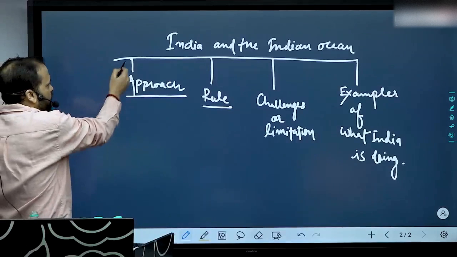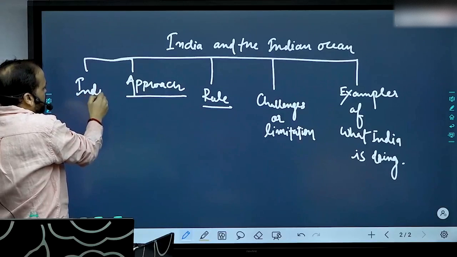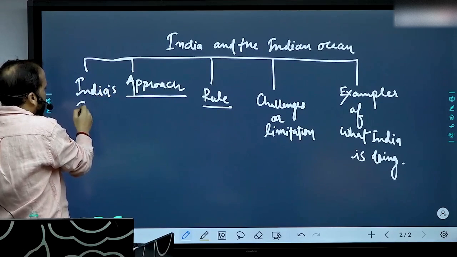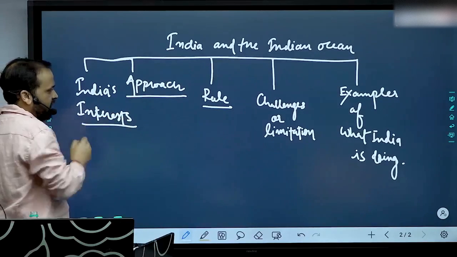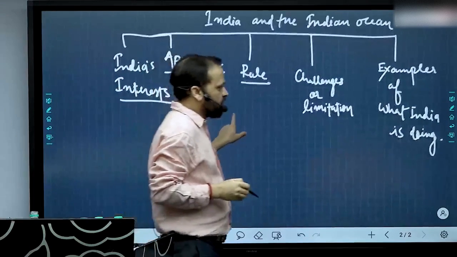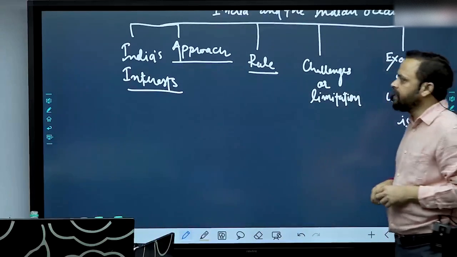Now, first and foremost, you need to understand India's interests. Why is India interested in the Indian Ocean region? Some of this is fairly easy to understand.